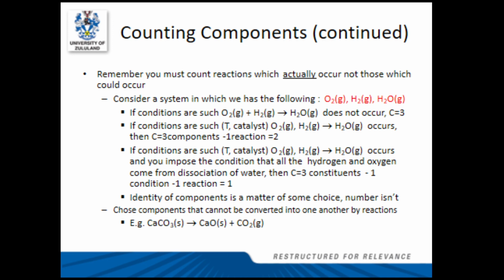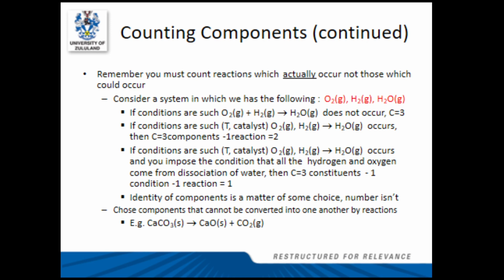C will still be 3 constituents minus how many reactions do we have? We still have 1 reaction. But in this instance, we also have another condition, which will be subtracted. In other words, we have 3 minus 1 minus 1, which is 3 minus 2, equal to 2.